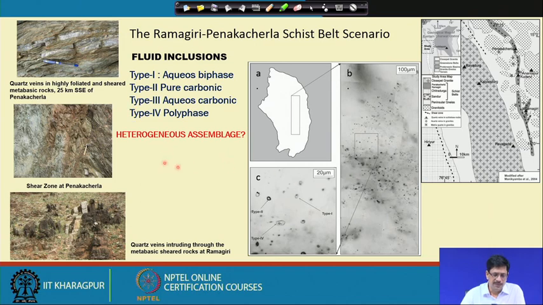So, we see the assemblage is quite heterogeneous, like the one which has been shown here.